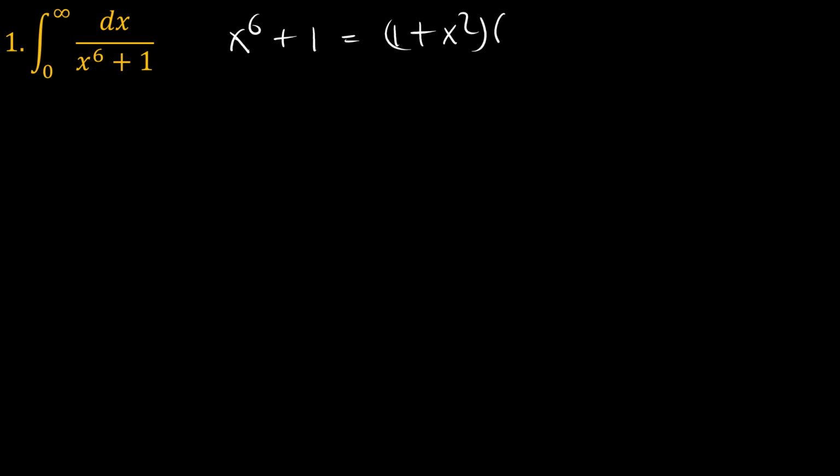So problem number 1: the definite integral from x equals 0 to x tending to infinity of 1 over x to the power 6 plus 1. The important thing here for us is to know that x to the 6 plus 1 is the same as 1 plus x squared times x to the 4th minus x squared plus 1.